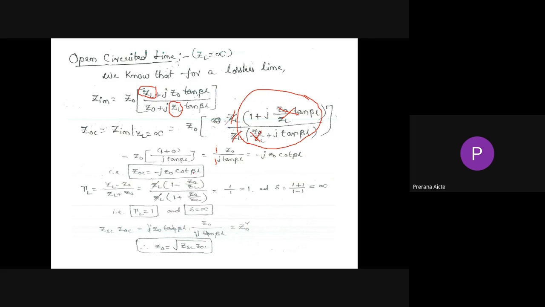Okay. Then what is the reflection coefficient and standing wave ratio of this open circuit transmission line?